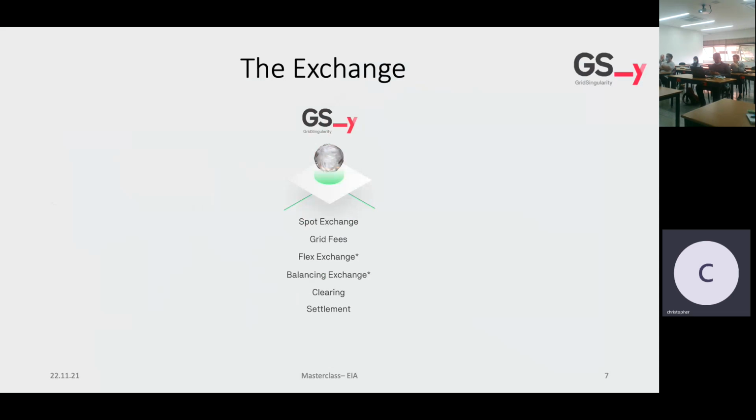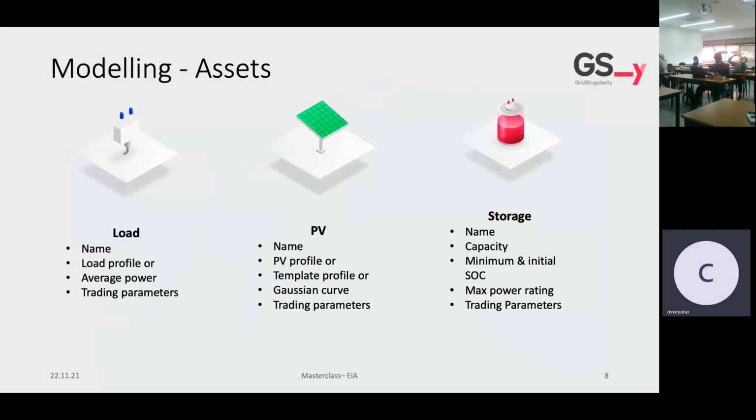I want to spend some time explaining the different components that we have in the software and how they interact with each other. When you arrive on the software, you basically have three main assets available to model your community: a load, PV, and storage. Of course, the load can model an energy consumption.